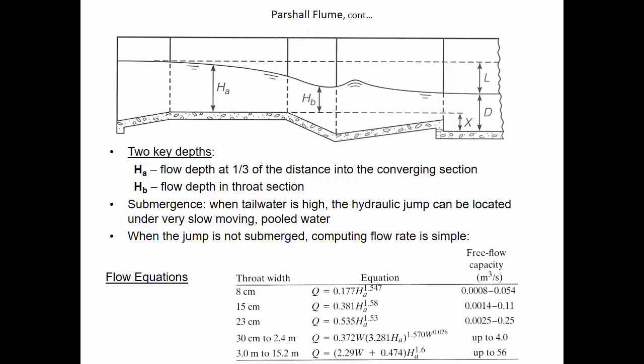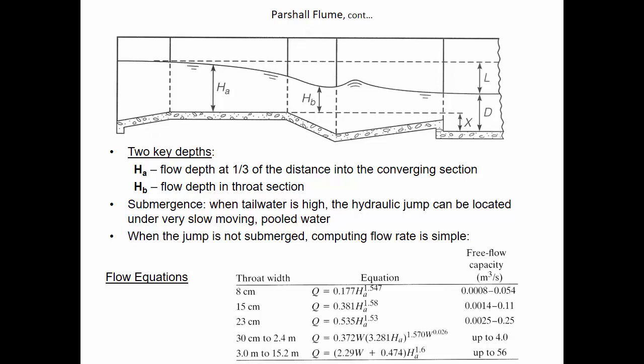Q is 0.372 times the throat width multiplied by 3.281 times the upstream depth, to the power of 1.570 times W to the power of 0.0626.